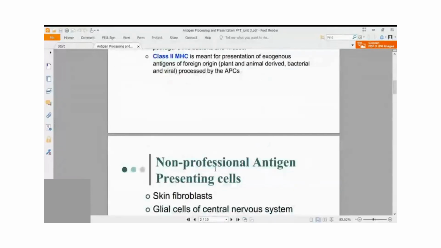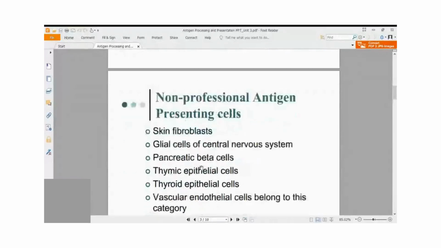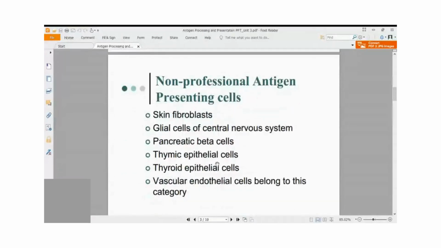So, the non-professional antigen presenting cells: skin fibroblast, glial cells in the nervous system, pancreatic beta cells, thymic epithelial cells. We have seen how important they are in positive selection of the T lymphocytes. That is thymic epithelial cells, thyroid epithelial cells, and vascular endothelial cells.